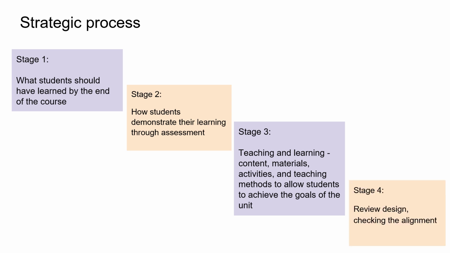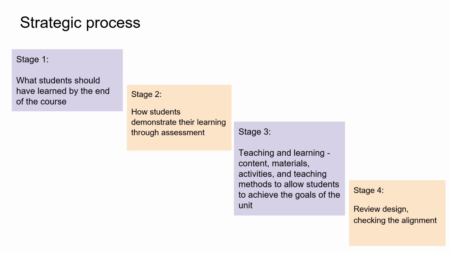And then there's this 4th stage, which is sometimes considered in the literature, sometimes it's not, whether it's a stage or not, but it's about reviewing the design and making sure that everything there does come back to those original goals. So we're not straying with things that are potentially irrelevant.